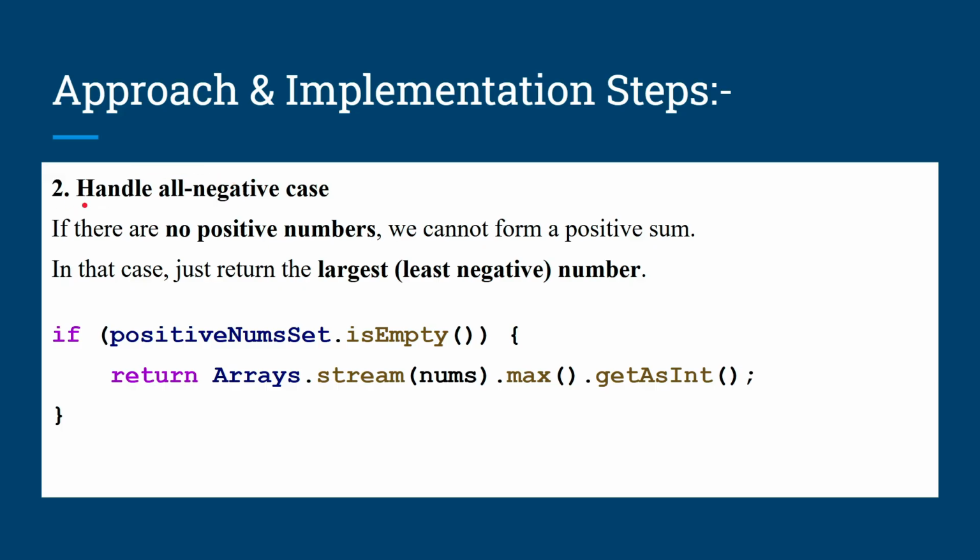Next, we need to handle all negative cases. So if there are no positive numbers, meaning all the elements in the array are negative, like -1, -2, -3, -4. Give me a second, let's understand what I'm talking about.